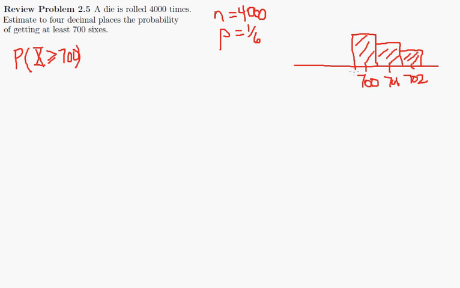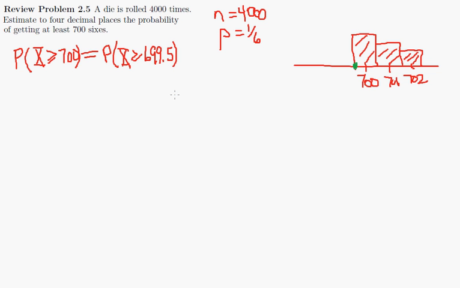Therefore the left endpoint of the leftmost rectangle will be at 699.5. So I can write this as the probability that x is greater than or equal to 699.5.